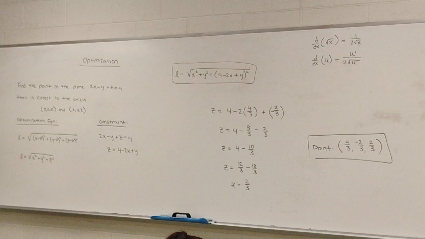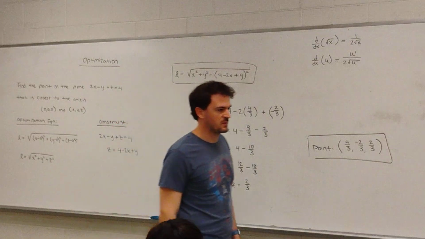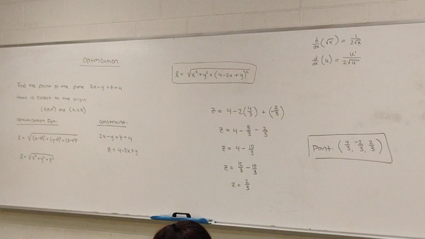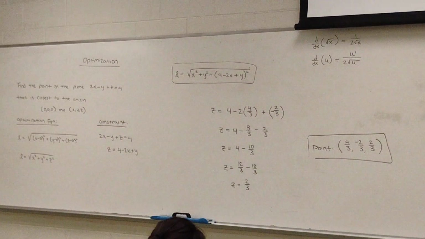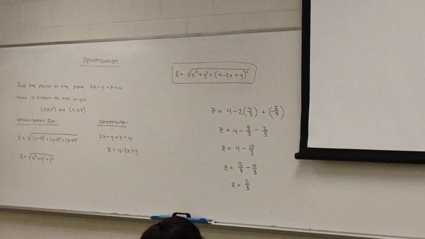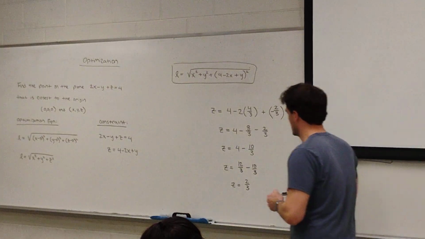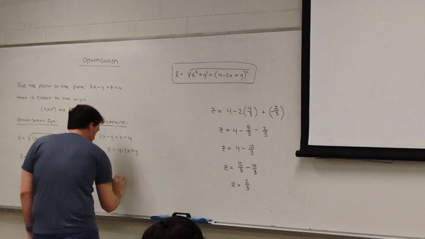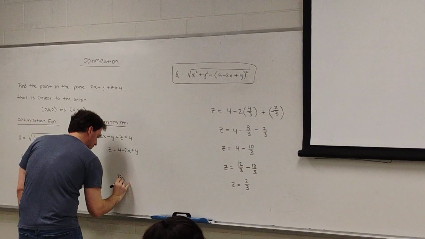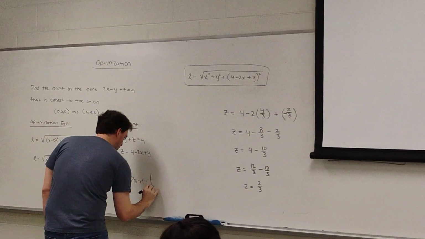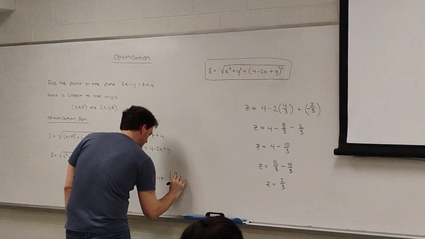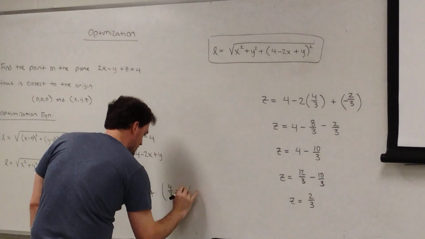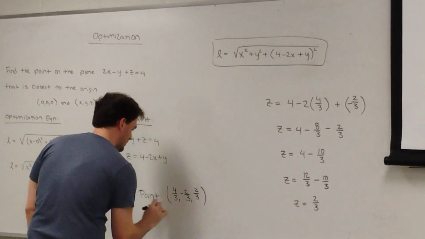Okay. Last thing I'm going to leave you with that you guys are actually gonna really like. Let's bring up that visual again. And I'm going to write our answer just over here so we can see it. The point was 4/3, negative 2/3, 2/3.